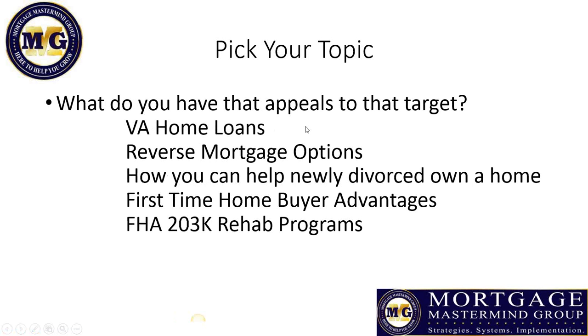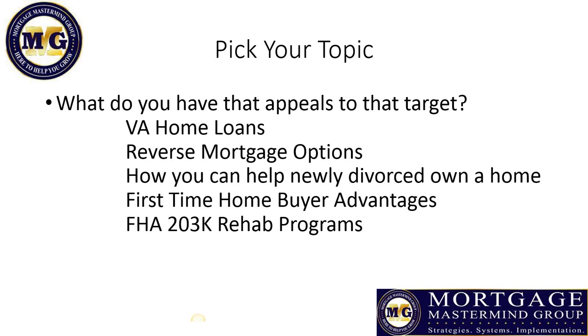There are reverse mortgage options, and how you can help somebody who's newly divorced become a homeowner again. What are the advantages for a first-time home buyer, and what are the programs available in the U.S. and through the government that give a first-time home buyer an advantage or save them money?